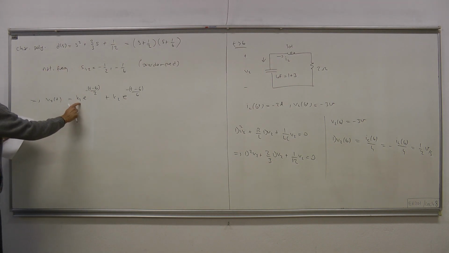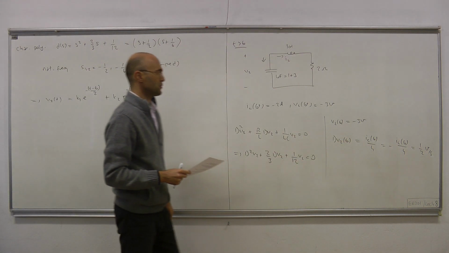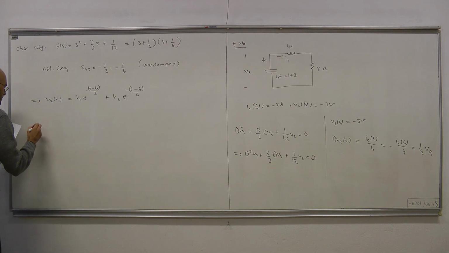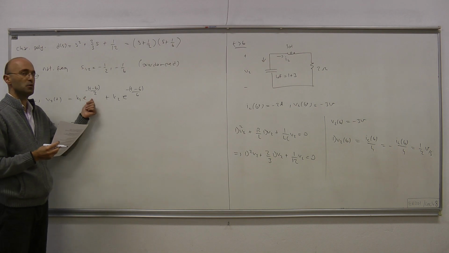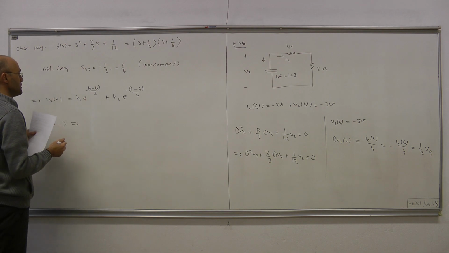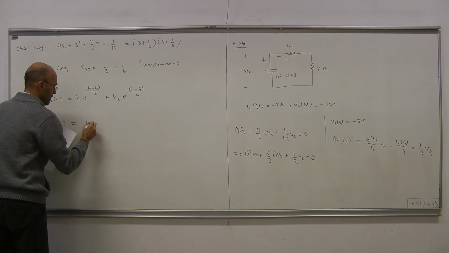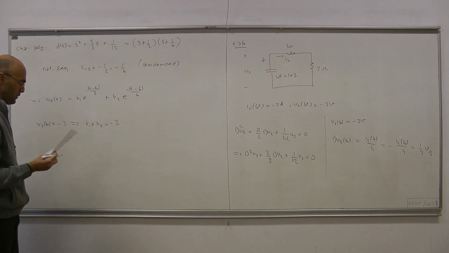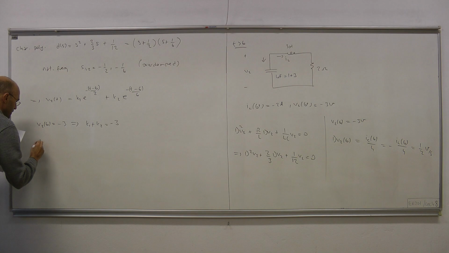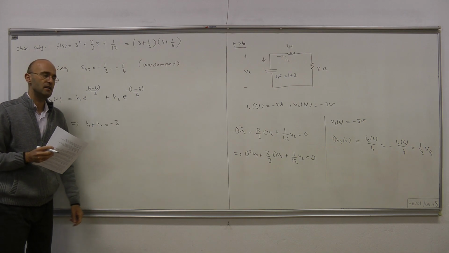Now, let's figure out K1 and K2. For that, you can use initial condition constraints. V2 at 6 equals minus 3 implies plugging t equals 6, and what we have is K1 plus K2 equals minus 3. So that's our first equation. Then differentiate V2 and then plug in t equals 6.